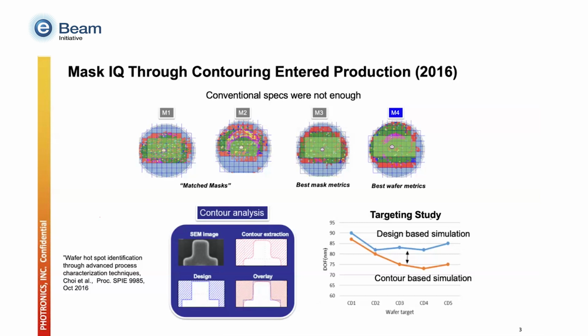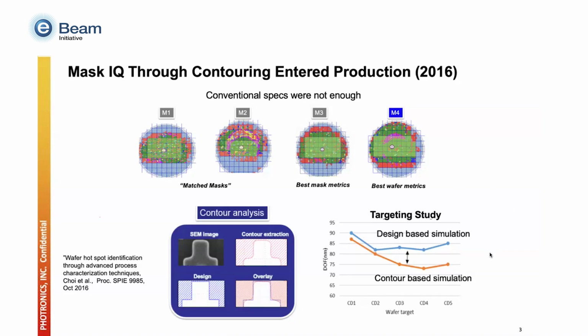We then looked at that on case 4, and sure enough, that mask didn't have the best conventional specs, but had the tightest and most accurate reproduction of the mask shape, and that's what resulted in higher performing yield. So we fed that back to the user. They redid their OPC and other RET things they do to try to make the overall patterning good on wafer.